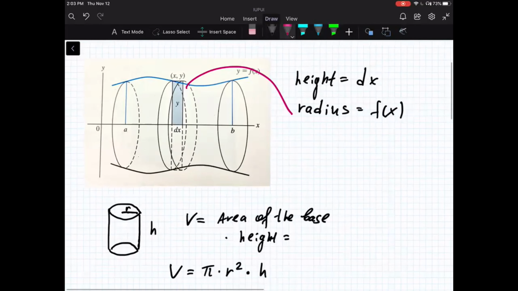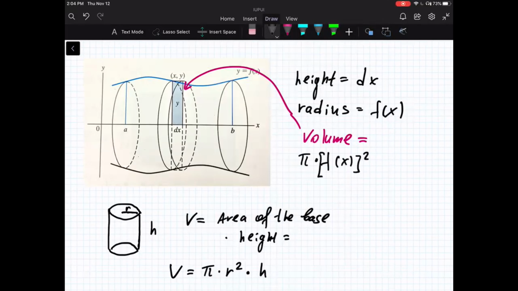So we get that the volume of this cylinder will be equal to pi times the radius, which is f of x, squared, times the height, which is dx.